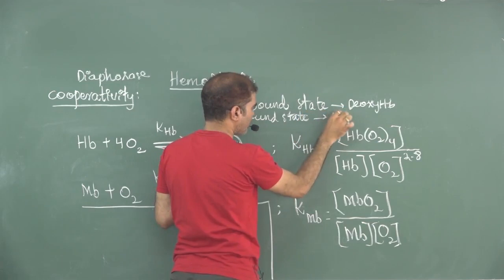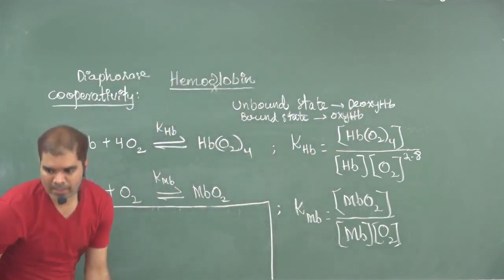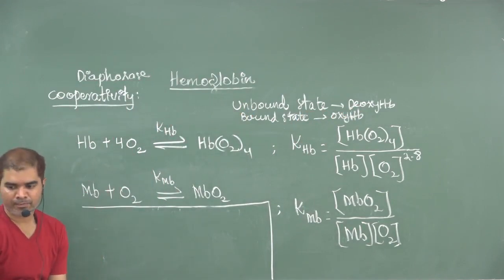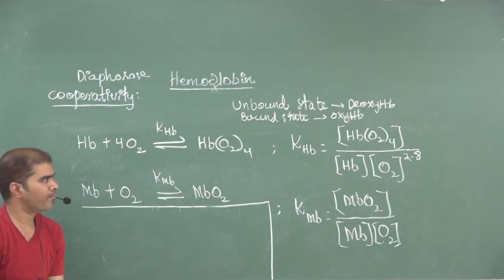Once dioxygen comes and binds, HB attains R state. It is called the bound state. So it is nothing but your oxyhemoglobin. Bound state, oxyhemoglobin.